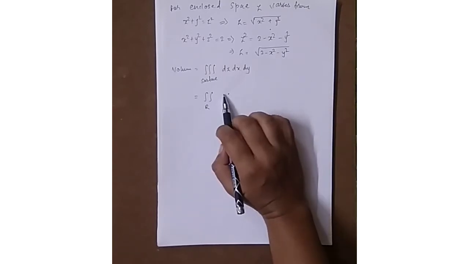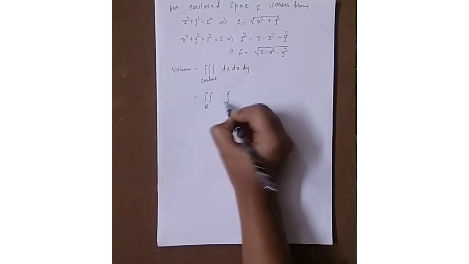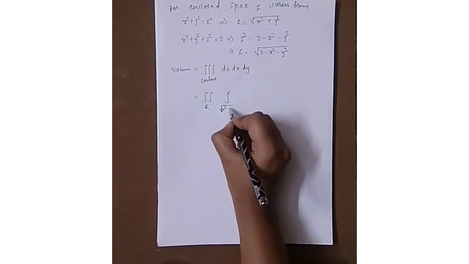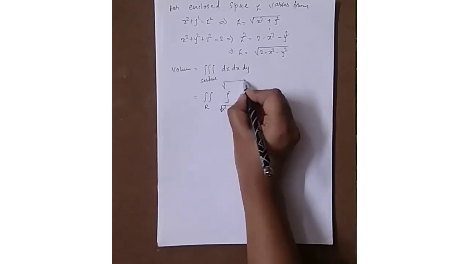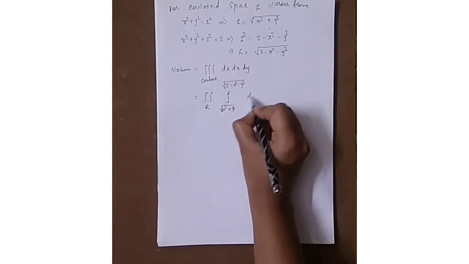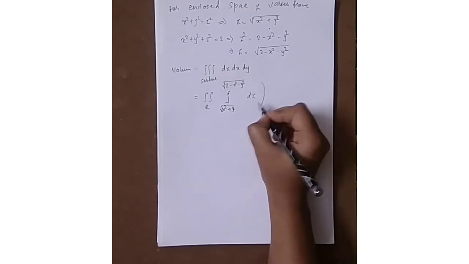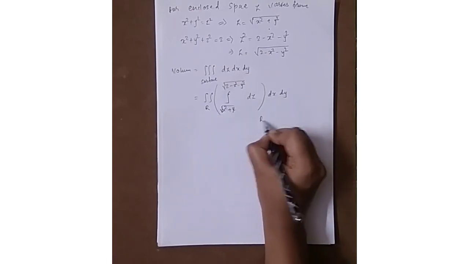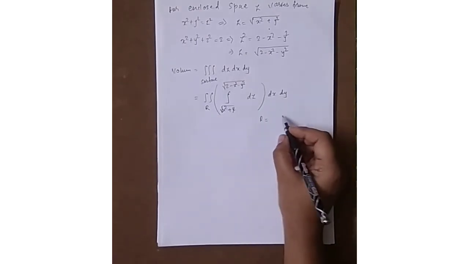So this becomes the integration with limit square root of x square plus y square to square root of 2 minus x square minus y square dz, and dx dy. Here R is what? The circular region.